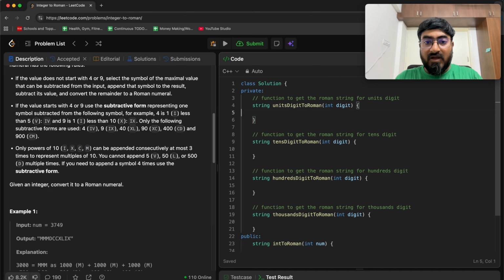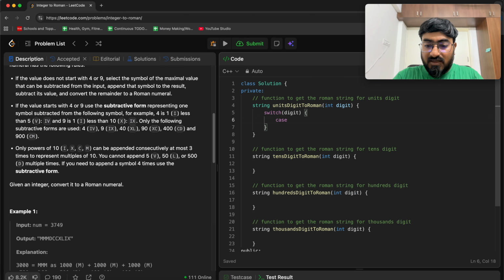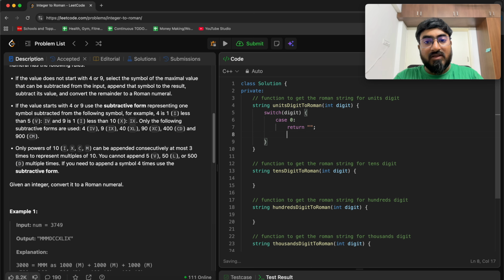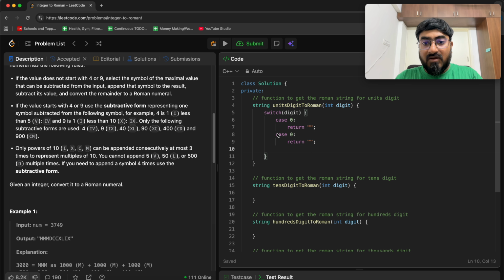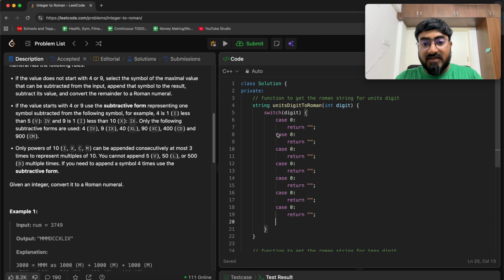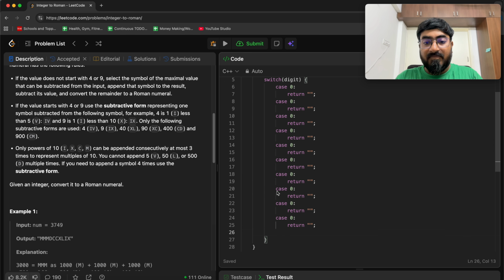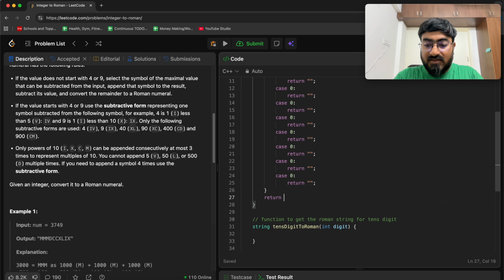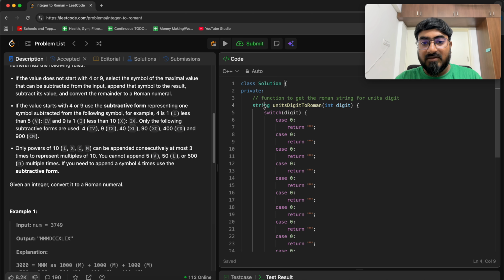Okay, so all I have to do is write a switch for this digit, and possible cases are 0. For 0 I return a blank. Okay, similarly we have 1 2 3 4 5 6 7 8 9, and we also will have to return a blank before the function ends, so that all control paths return a value, because the return type is string.